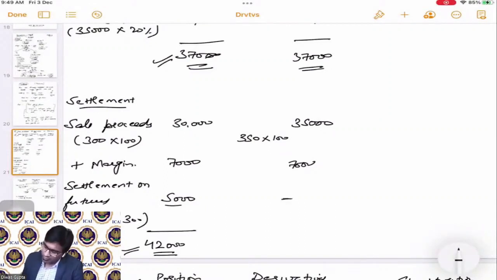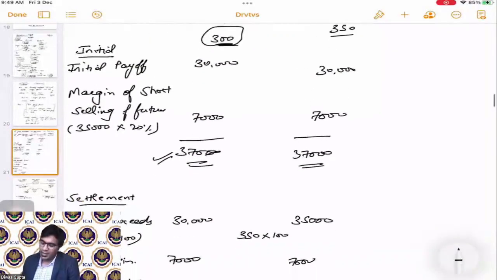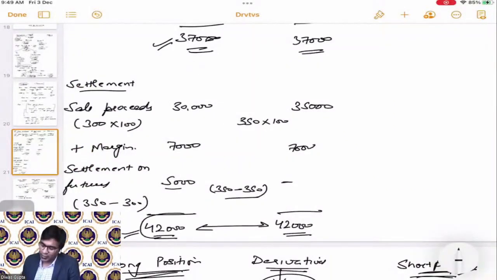No, because 350 is his contracted price of future and 350 is the closing price. No loss, no gain. Still, the amount is coming as 42,000. Wow. See, closing price 300 also, he is getting 42,000. Closing price 350 also, he is getting 42,000.